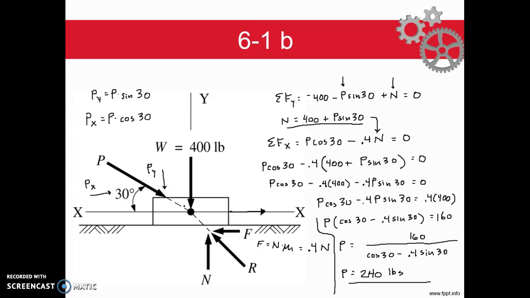By pushing in a downward direction here, we are not only making it less efficient because only the horizontal component actually causes motion, but by pushing down on it, we're increasing the normal force, which therefore increases the friction force, which just means we have to push even harder. So we can see that that 240 pounds there is quite a bit more than 160. So if we're trying to move this box as efficiently as possible, push or pull in the horizontal direction.